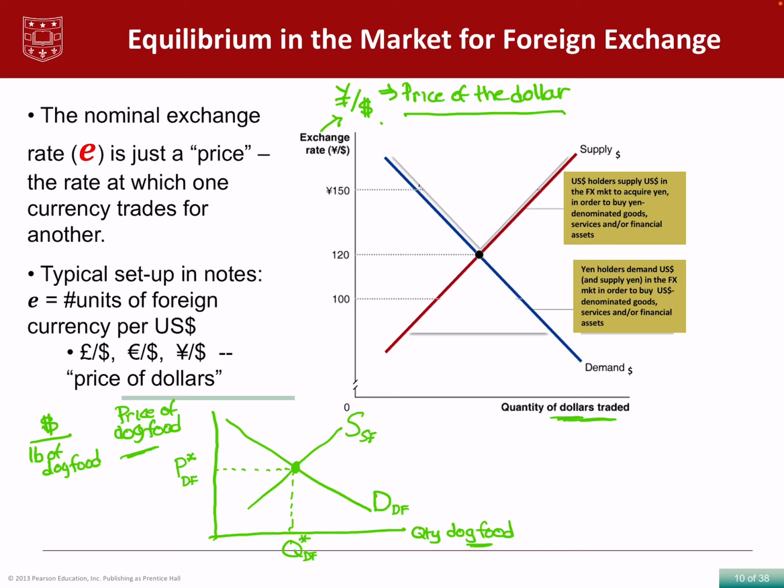And so that means that most of the time in what we see in our notes, we're going to be describing the nominal exchange rate as units of the foreign currency per dollar, like yen per dollar, euros per dollar, pounds per dollar. And again, our interpretation of this is that this is going to be the price of the dollar.